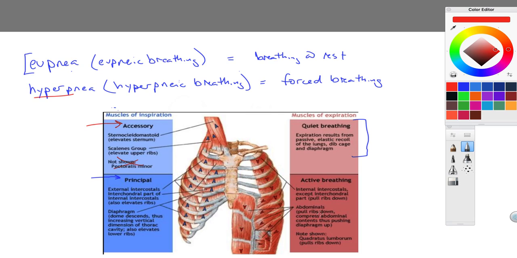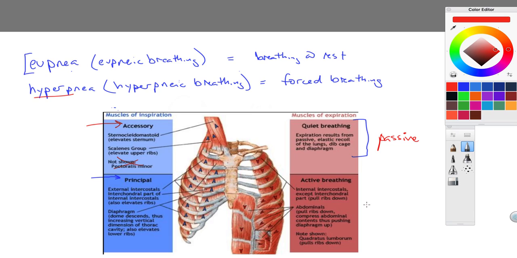Okay, and once again, just like we had on forced inspiration, by adding muscles, period, right? Because remember, exhalation is passive, we didn't require muscles, but for active exhalation, we're adding muscles to the action to more dramatically and forcefully change the thoracic volume, to more dramatically and forcefully move air during the expiratory cycle.